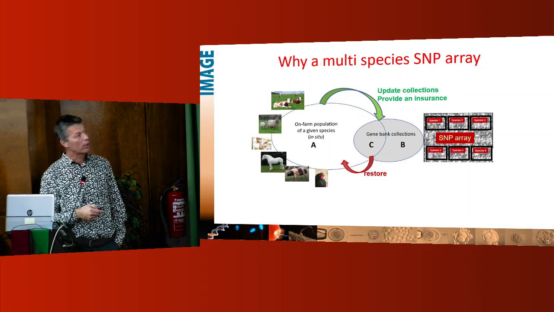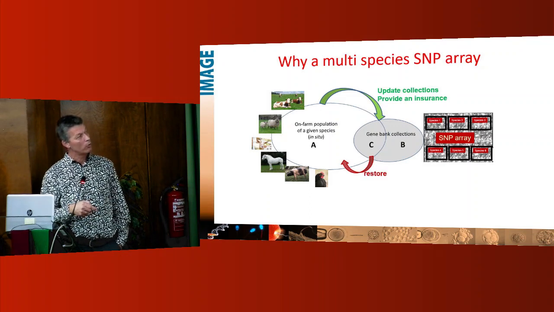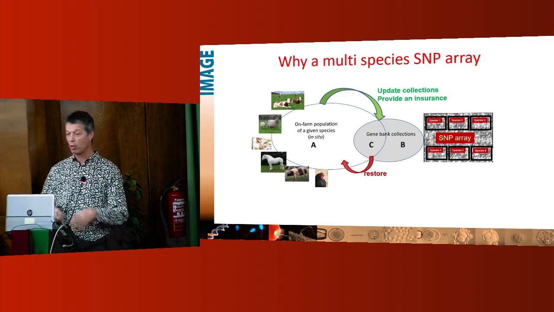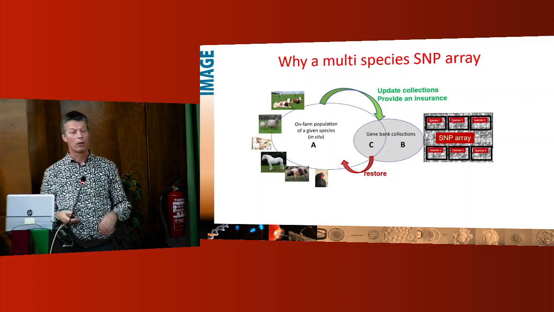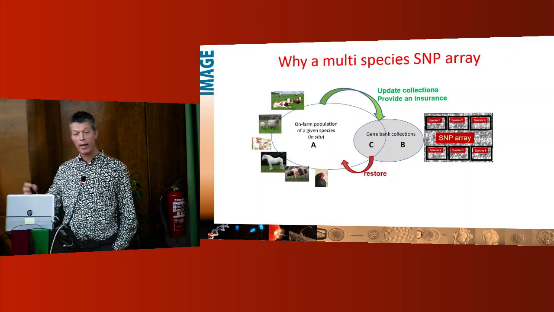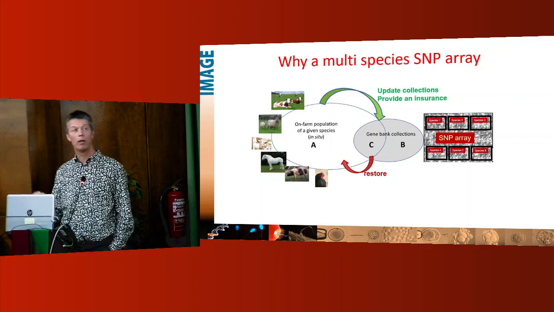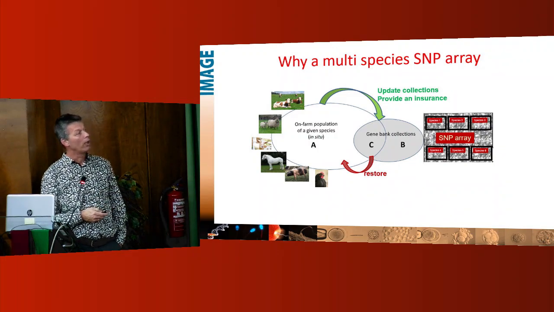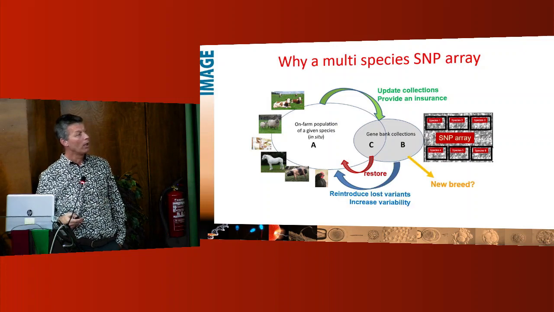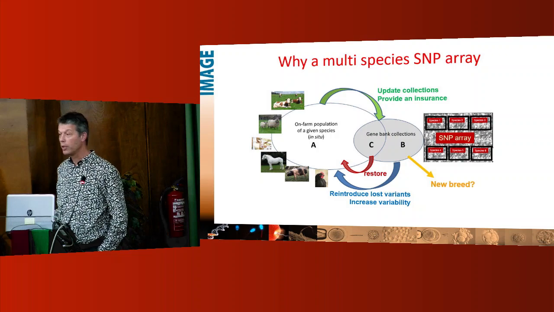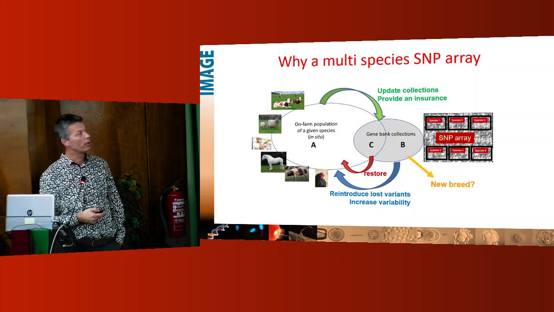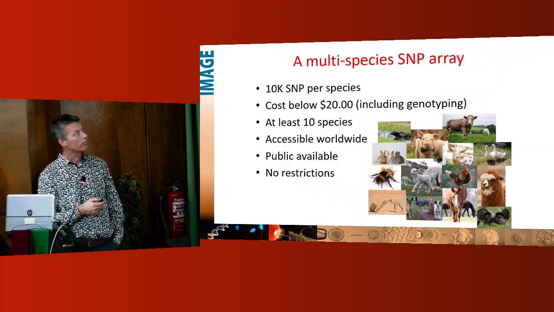Maybe you want to go back: introduce material stored in the gene bank back into the population because biodiversity is going down, or reintroduce specific markers which are lost due to selection. Maybe you also want to create new breeds, so it might be interesting to use the information for that.